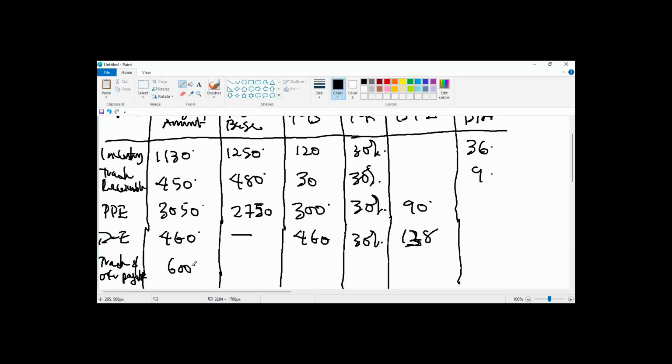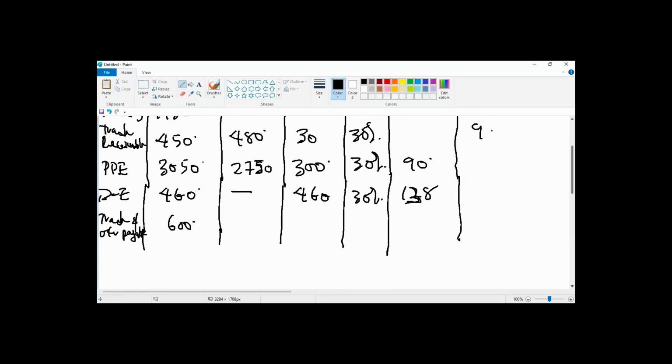What is the tax base now? What is the tax base? Cash paid basis.